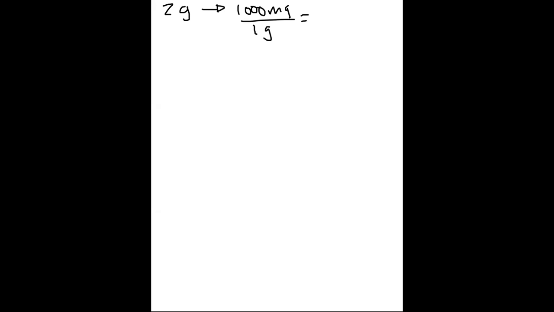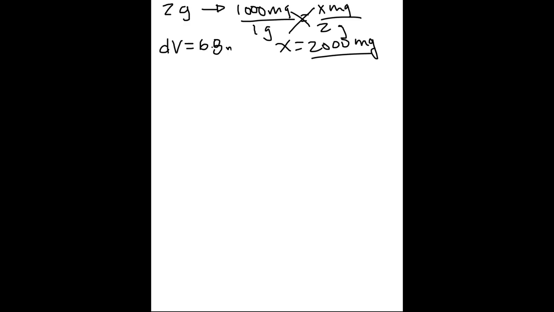And we want to know how many milligrams are in 2 grams. So cross multiply, x is equal to 2,000 milligrams. Okay, so we know that. Now we know that our diluent volume is equal to 6.8 milliliters, right?